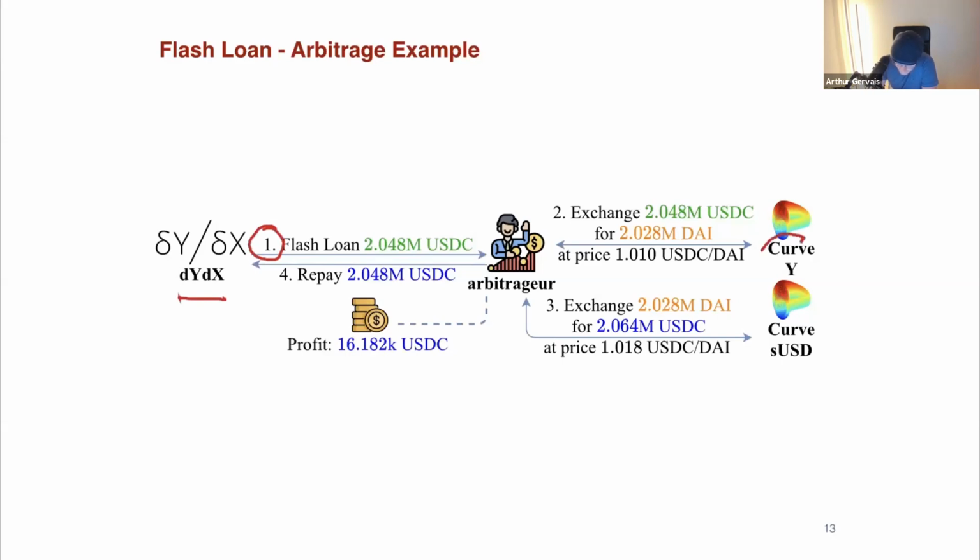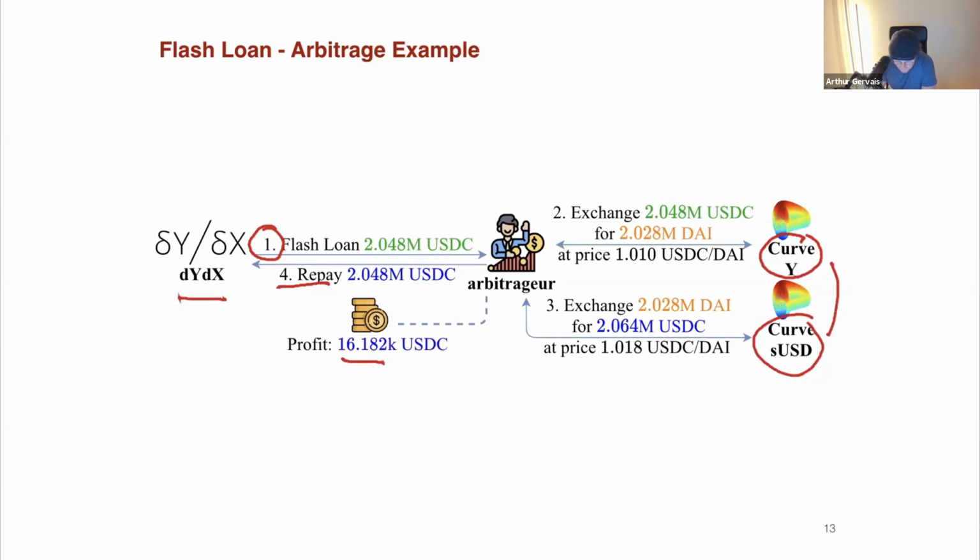We exchange those on the Curve Y market, and the resulting DAI is then exchanged on the Curve SUSD market, and we proceed to repay the loan. So the Curve Y and Curve SUSD market in this particular example had a different price, which you could exploit through an arbitrage, resulting in this particular example with a profit of about 16K.